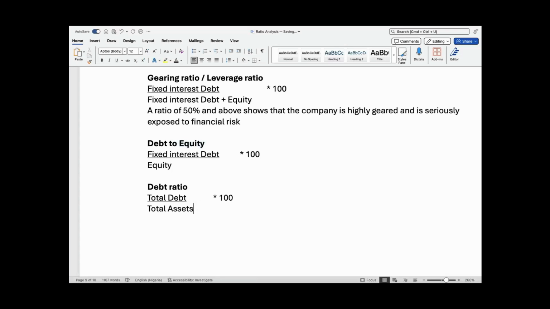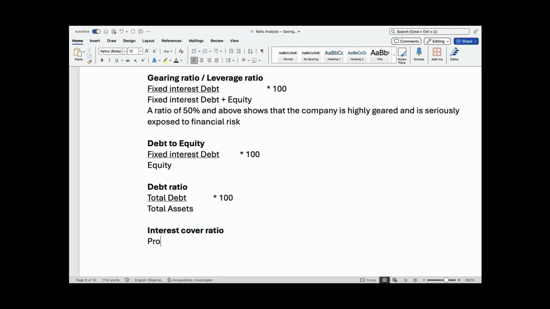Another very popular one you will find is interest cover ratio. And this looks at the number of times an entity can pay its interest from its profits.